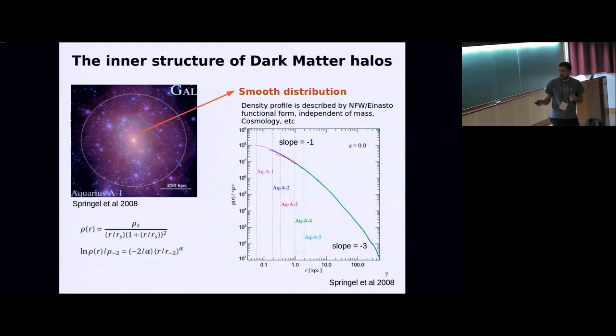In this case, the NFW has two clear asymptotic limits. When R is much smaller than the typical scale of the halo, it goes to -1, as this term is 0. When R is larger than Rs, this is approximated as R plus Rs, this one goes away, and you get 1 over R cubed. But when you look closely, you see that the asymptotic slopes are not quite correct, and this is a better description: the slope varies slowly as a function of radius.